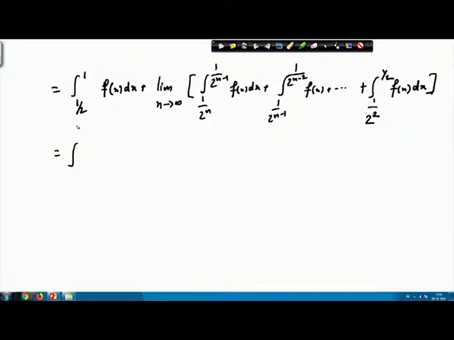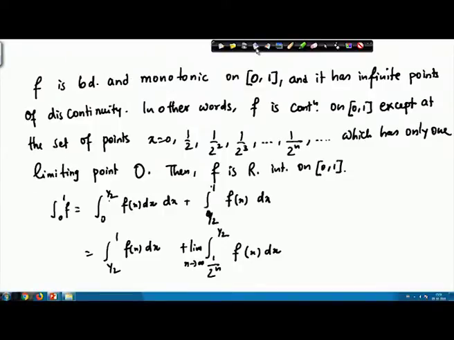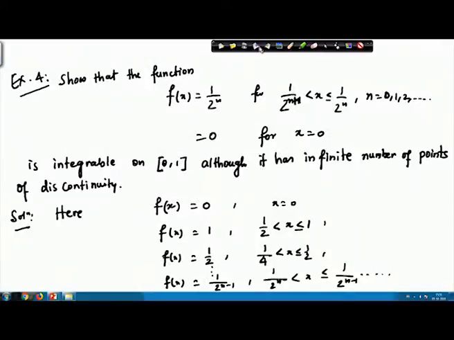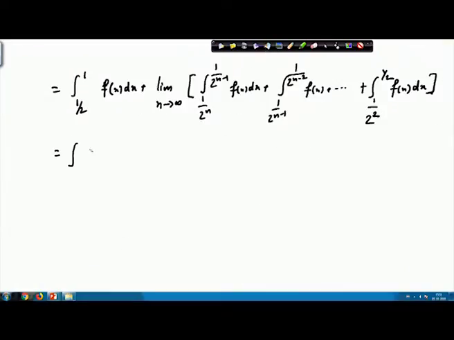Now from half to 1, what is the value of the function? From half to 1 the function is 1. And here we can write this whole thing the other way around.